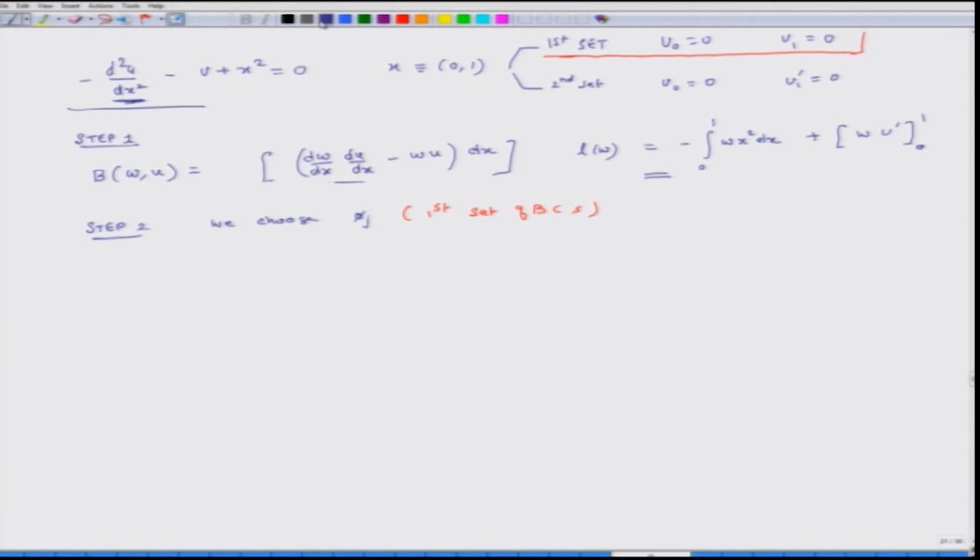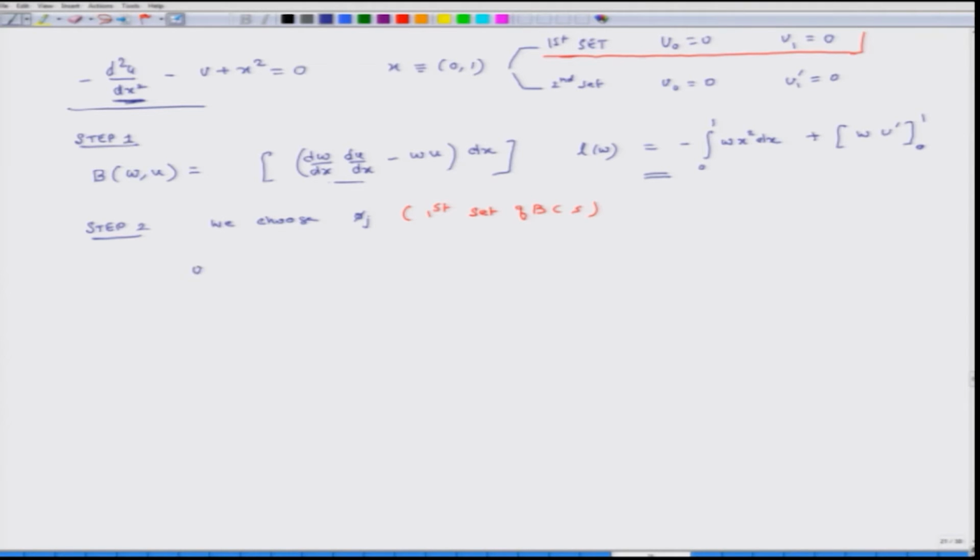We had said that the shape functions or the approximation functions should be such that the values of those functions should vanish at points where the primary variable is specified. Now, in this case the primary variable is specified at x equal to 0 and at x equal to 1. So, we will choose functions which meet both these requirements.